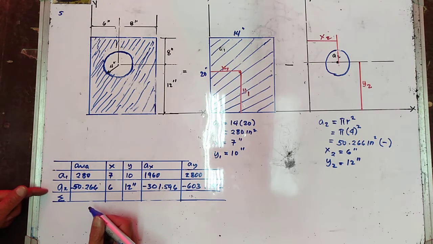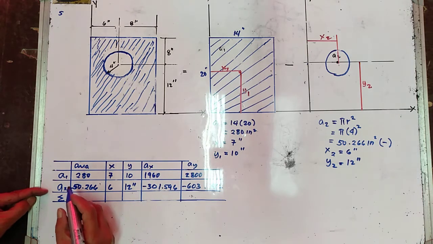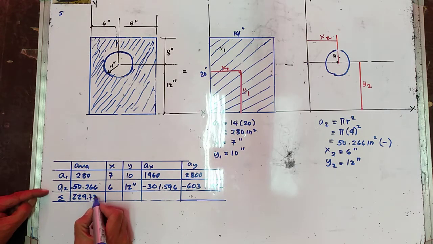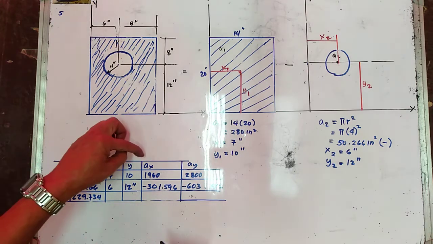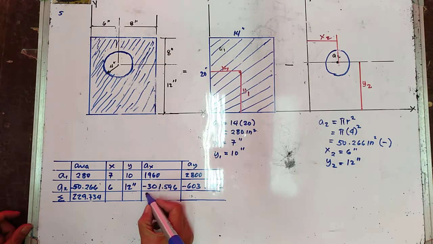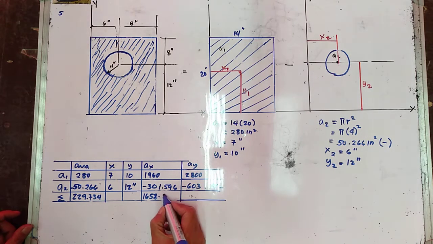So let's try to get now the summation of area. 280 minus 50.266, so we have 229.734. And then summation AX is equal to 1658.404.